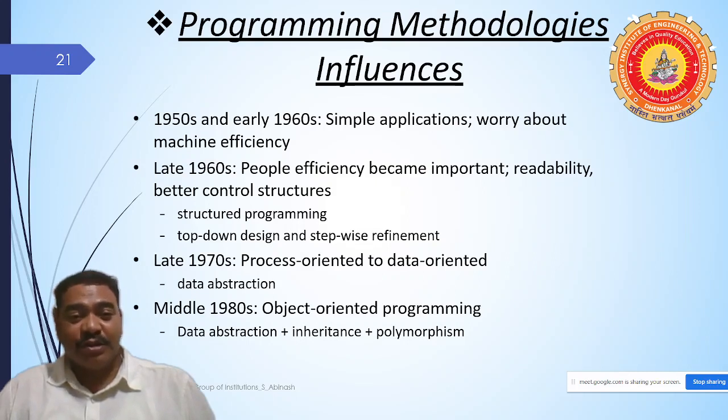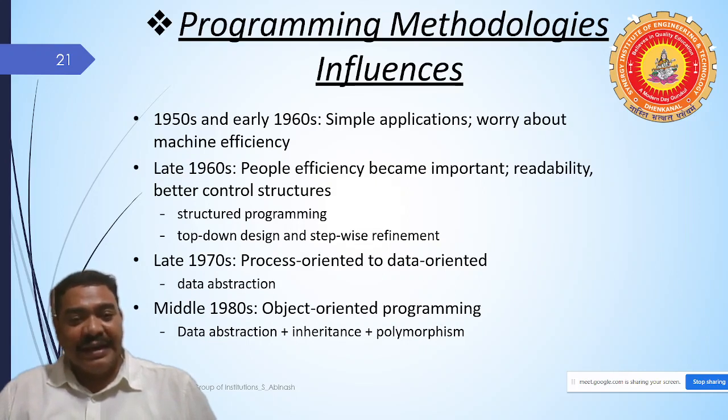Readability, better control structures, structured programming were involved. Different structures, that means loop structure, if-else ladder, switch, goto. These types of statements were created. Top-down design and stepwise refinement were followed, which is also better for the programmers or designers to design the program.